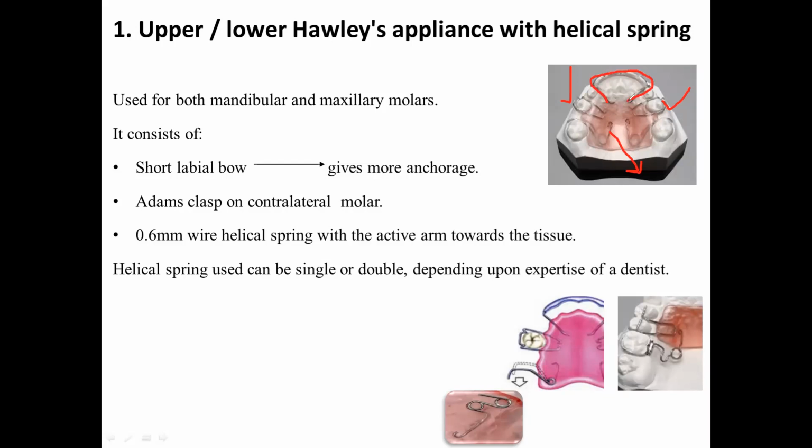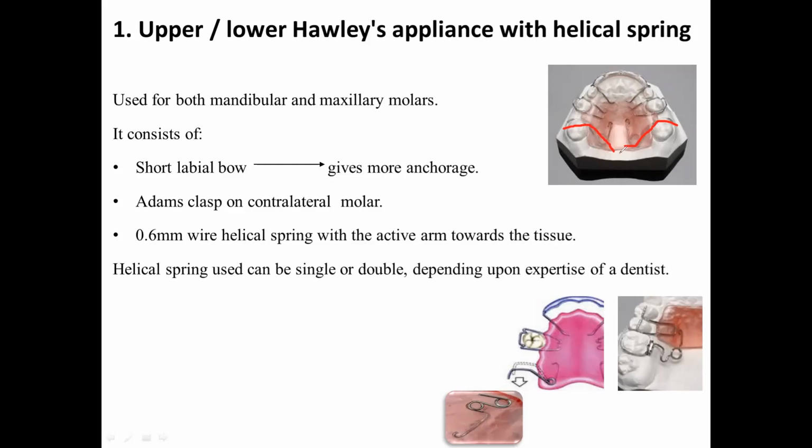It helps us in two ways. Number one, it gives retention. Also, if there is a little proclination, it can treat the proclined teeth at the same time. And we have a spring here. You see, on both sides there is early exfoliation of the deciduous teeth, so on both sides we have given springs, single coil springs or finger springs.